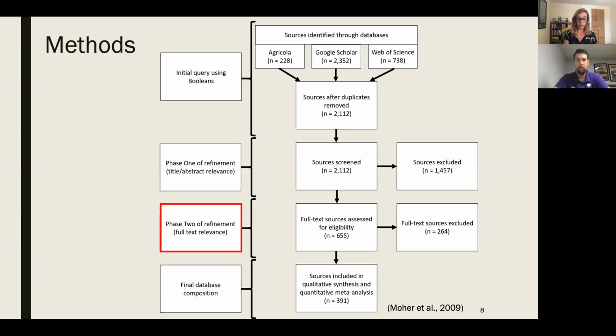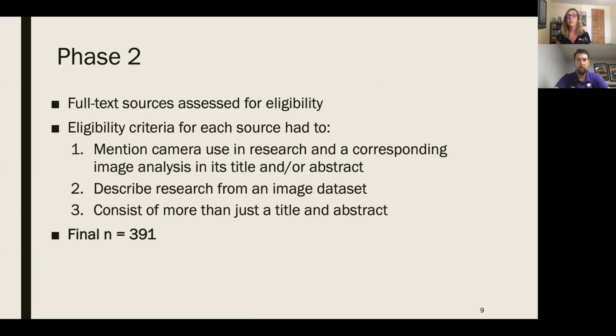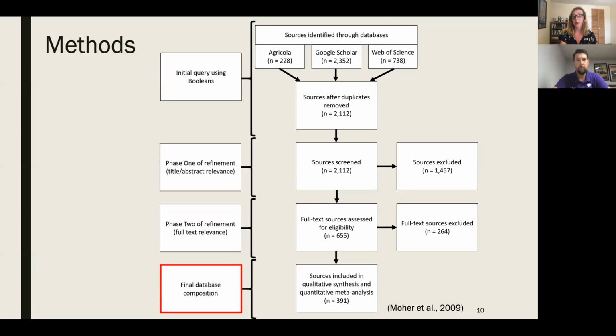And we used the following eligibility criteria here to decide if we would then include that document in our final database. These criteria include mentioning camera use in research and corresponding image analysis in the title or abstract, describing research from an image data set, and consisting of more than just a title and abstract, so an actual full paper. Now this brought us down to 391 sources, which all made it into our final database composition stage.